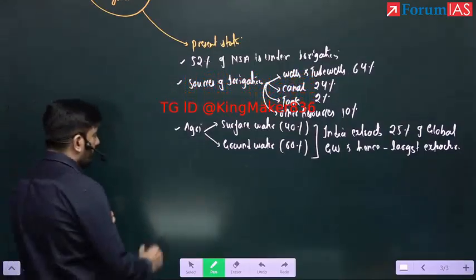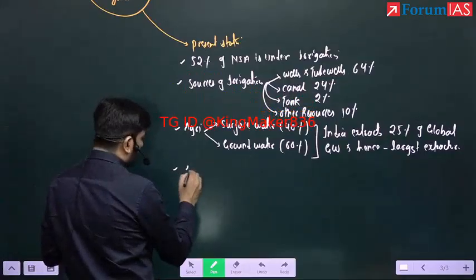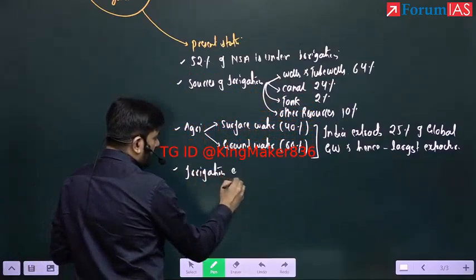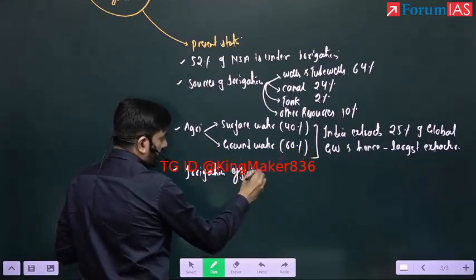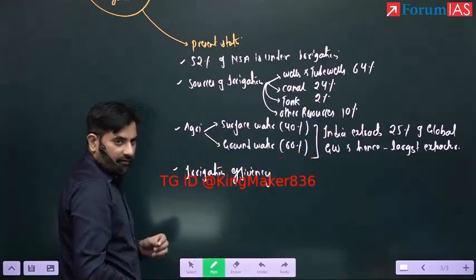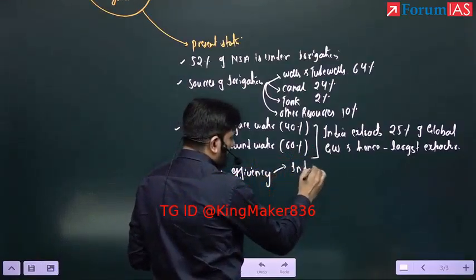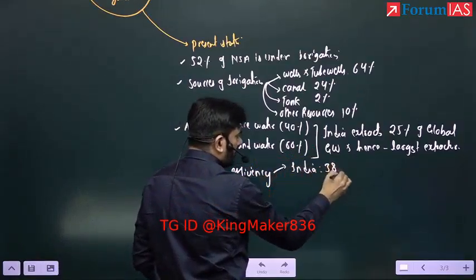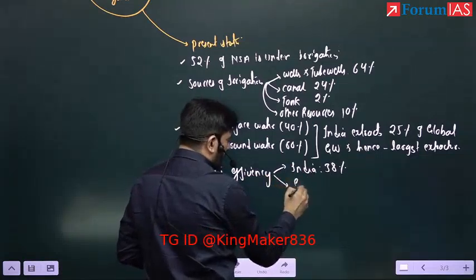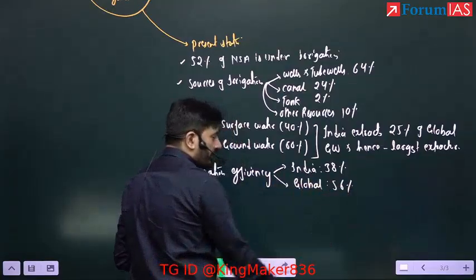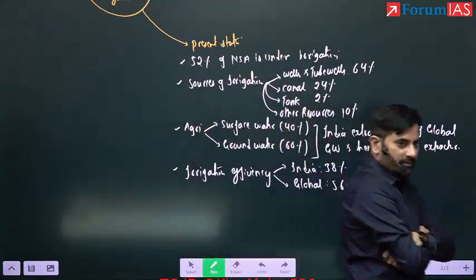Next point: if you see the irrigation efficiency in India, it is around 38%, but the global average is 56%.